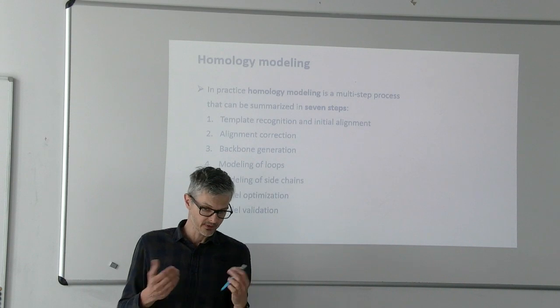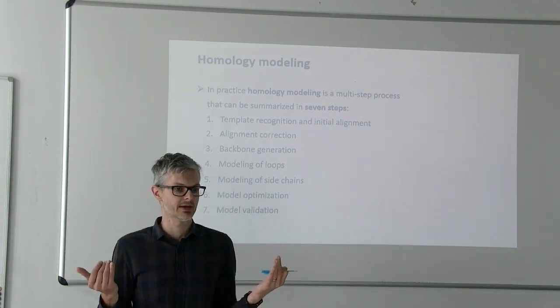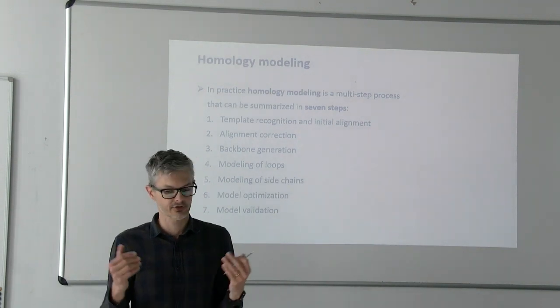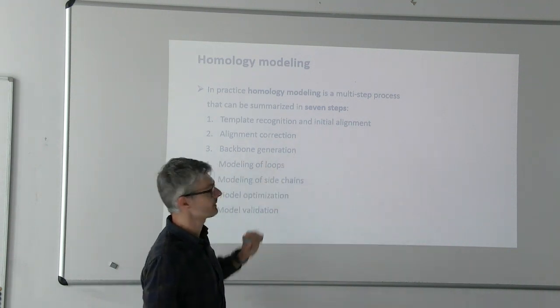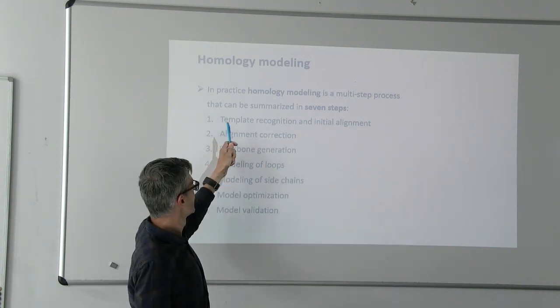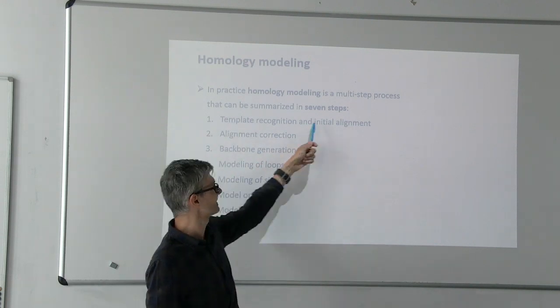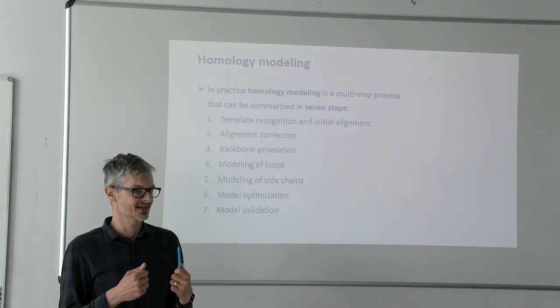If you get one hit, that's already good. If you get multiple different ones, that's even better. The more you have, the more structural information you have, and this will actually improve your alignments. If you look for a certain structure with BLAST, you will get an initial alignment, but this is just a sequence alignment.